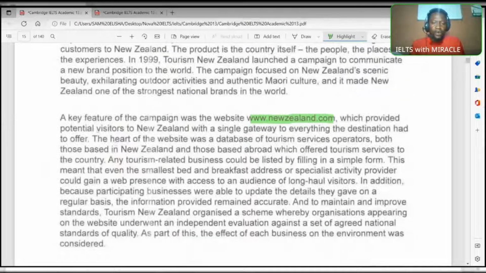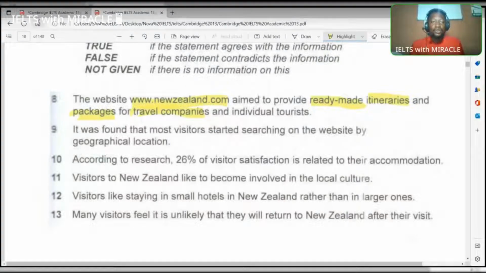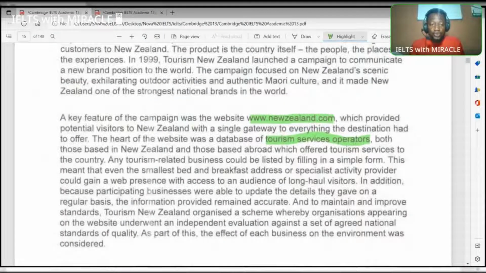If I scan it, I will see tourism services operators. I think they made mention of travel companies here, right? Travel companies and individual tourists. So these are tourist services operators, both those based in New Zealand and those based abroad, which offered. Okay, so that means our answer should be somewhere around here.